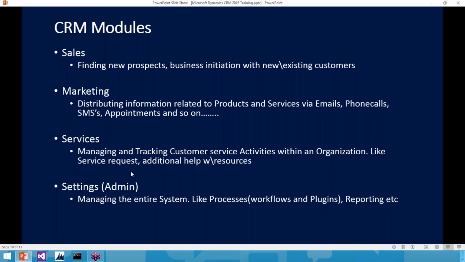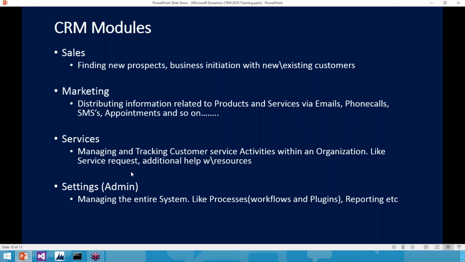I have one question. What about deployment of the CRM, whether it is on-premise or on cloud? Does a developer have anything to do with it, or who will handle the deployments? Deployment again is a task of a team lead or an architect.